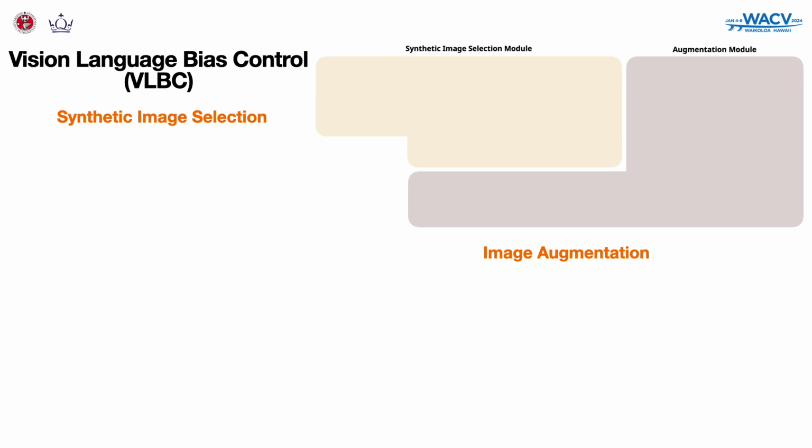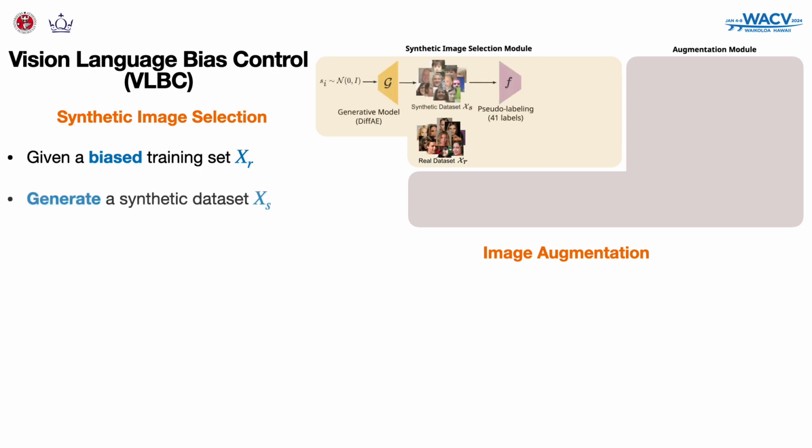We will now describe Vision Language Bias Control (VLBC), the proposed method of this study. This pipeline is composed of two modules: the synthetic image selection module and the augmentation module. We start with the real bias training set XR. Then a synthetic dataset is generated by exploiting the diffusion-based generative model DeFi. This dataset is then pseudo-labeled. This pseudo-labeling is needed since we require to know the protected attribute and the downstream classification attribute.